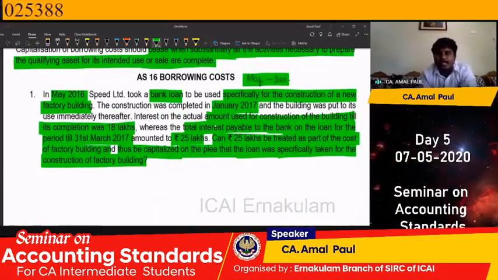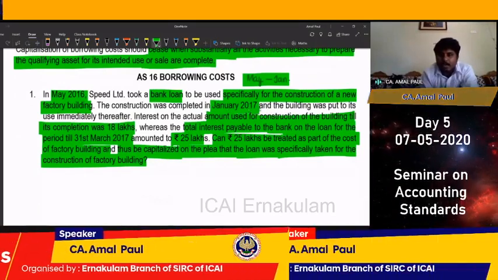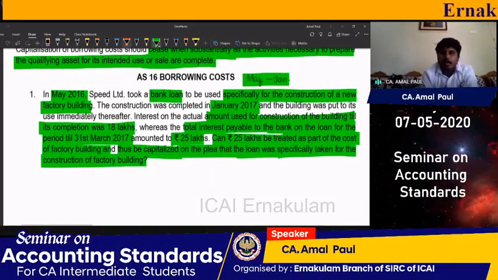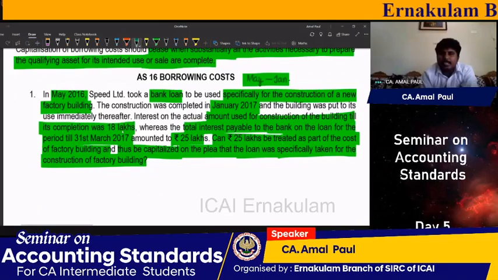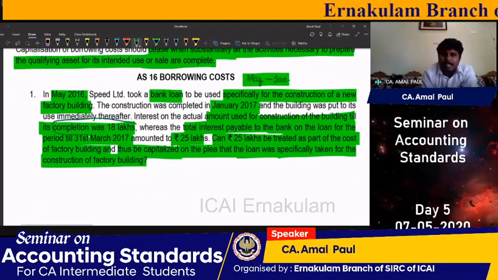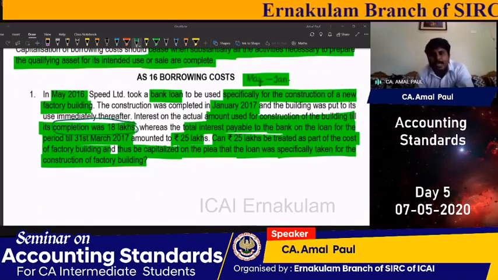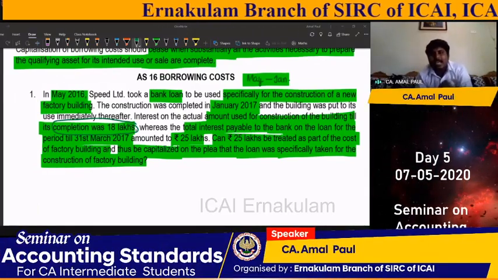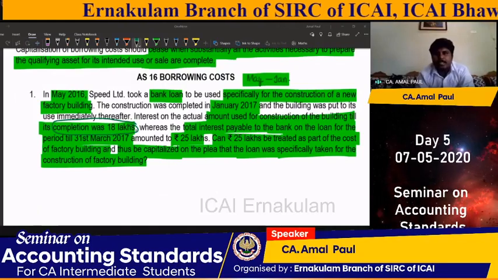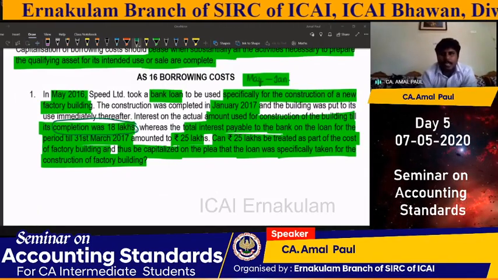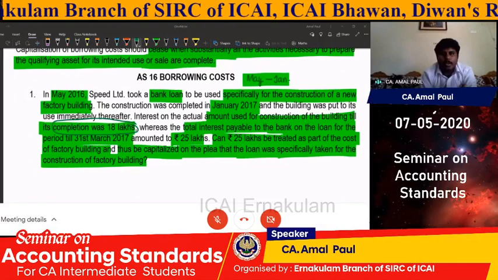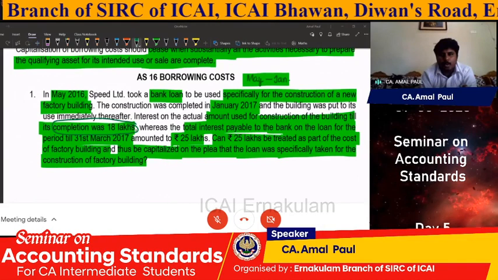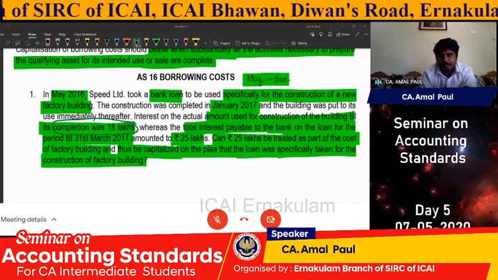Here this is completed in January 2017, and therefore borrowing cost till its completion, that is 18 lakhs, can only be capitalized, and the balance 7 lakhs needs to be taken as revenue expenditure. This is the treatment of borrowing cost in this case.